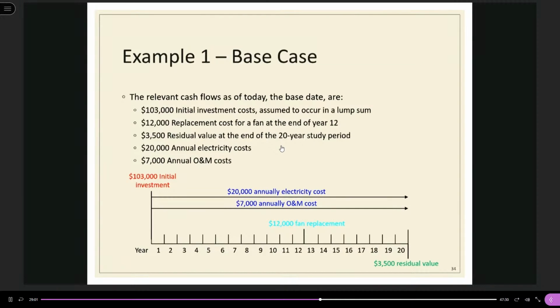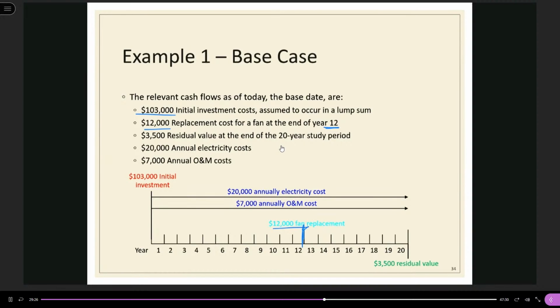So for the base case, these are the costs. Initial investment costs. We need to pay for this one on day 1, or in the first year. And this is the replacement cost that we need to pay at the end of the 12 years.